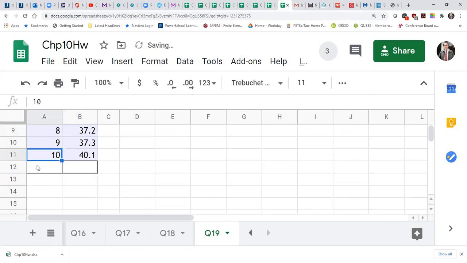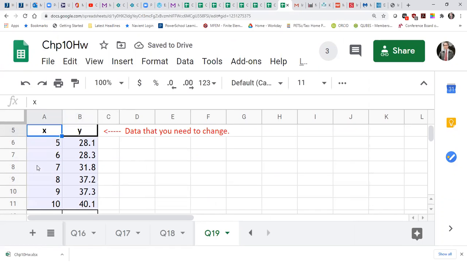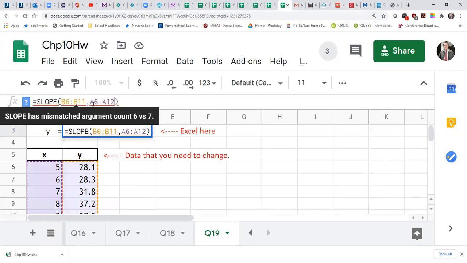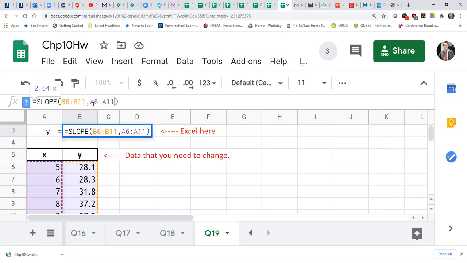So your data is from 6 to 11, so this one should be 11, this one should be 11.